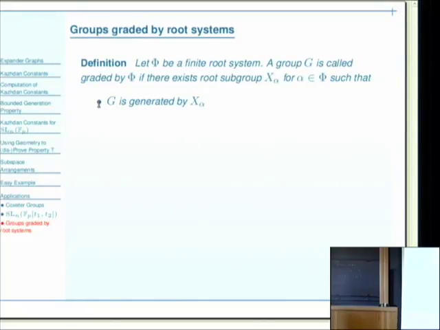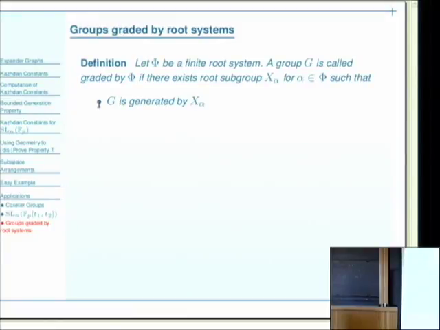I don't remember which ones are here. Okay, so this is standard in the Lie theory. So if you have a semisimple group over a field, you have this kind of root subgroups.